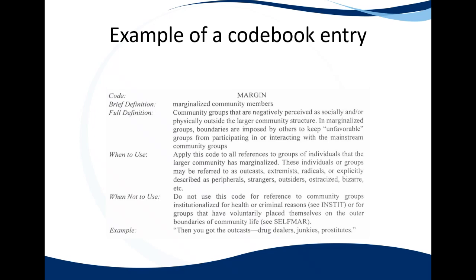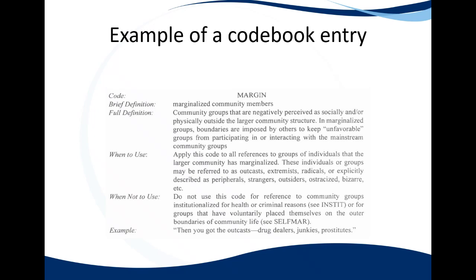So when you see anything that links to this in the transcript, then you know that, okay, this is a code. You use the code every time when there is mention of individuals or group that form part of the larger community that has been marginalized. Okay. And people can use different words, but if you know what you are looking for and what the code is, then you would know, even if people are using different words, that they would fall under this particular code, right?